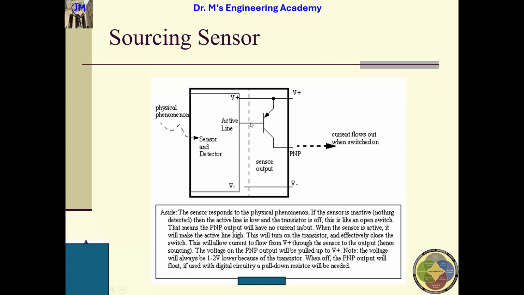The voltage difference between the base terminal and this terminal: if it is higher than the threshold voltage, we have the current flowing, and this is the PNP. Otherwise, if the voltage difference between the base terminal and this terminal is less than the threshold value, no current. Okay, you can see the difference here.